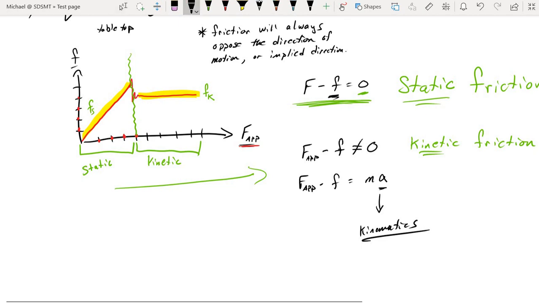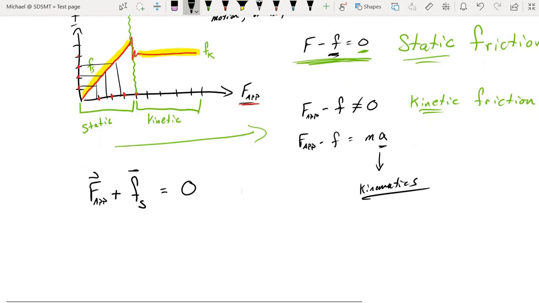We have the one-to-one relationship between our applied force and our static friction force. And so what that tells us is that for any scenario where we're applying force and our object isn't moving, then the static friction force is going to have to be equal and opposite, or we could say equal in magnitude, to the applied force.